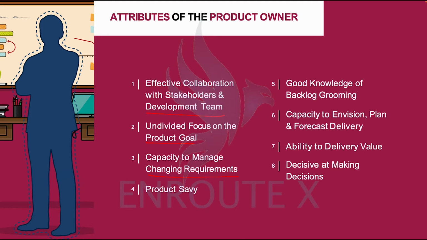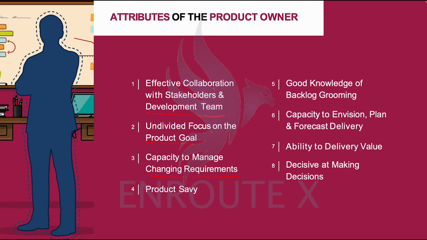For the product owner to be product savvy, what's important is to be able to communicate effectively with the stakeholders, to understand what the stakeholders want, and to liaise between the business stakeholder and the development team.